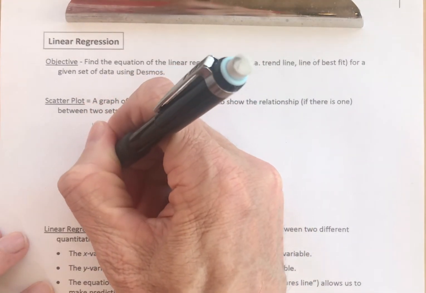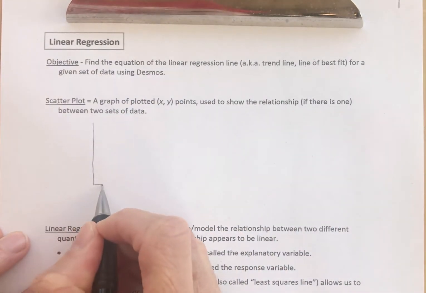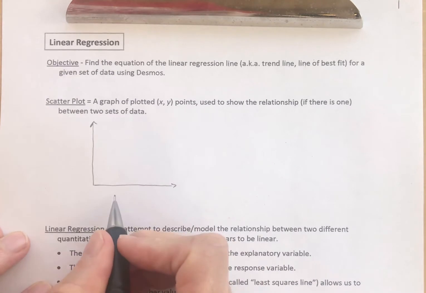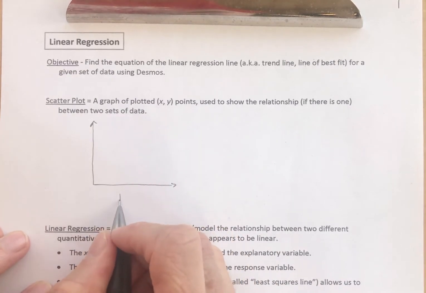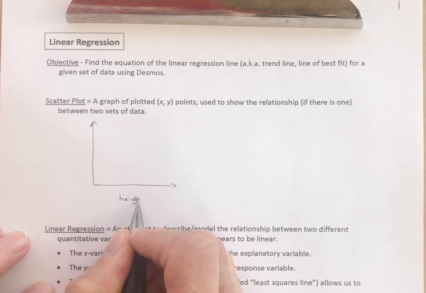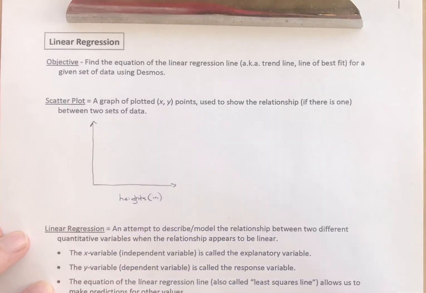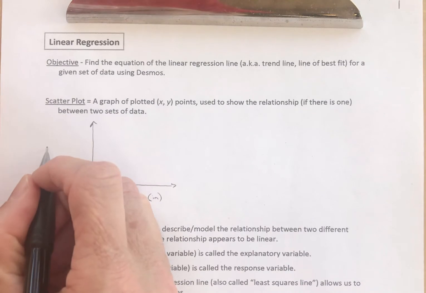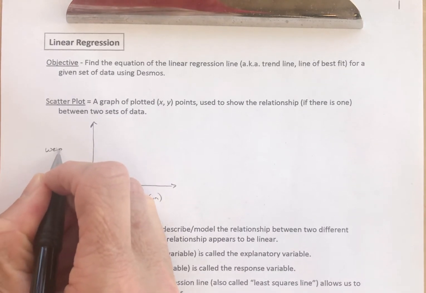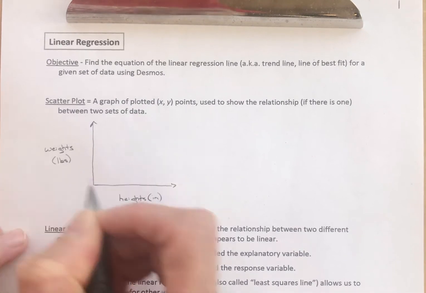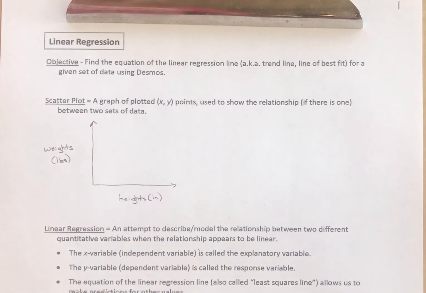I'm going to make a quick sketch of quadrant number 1, and along the x-axis we'll talk about heights in inches, and along the y-axis we'll talk about weights in pounds.